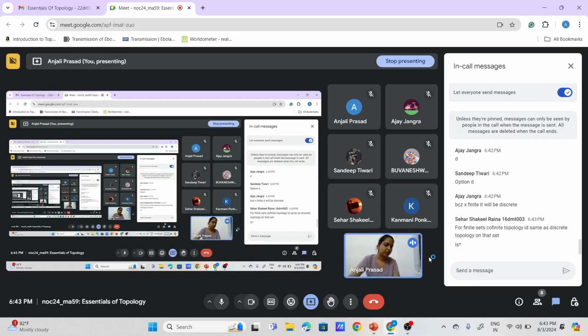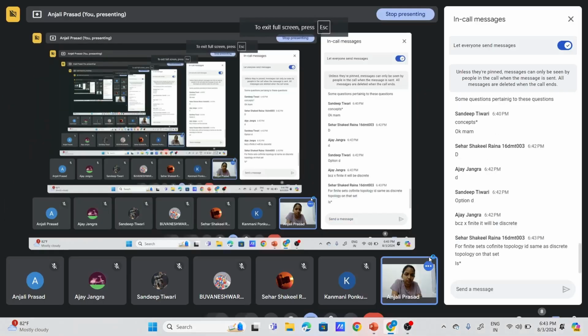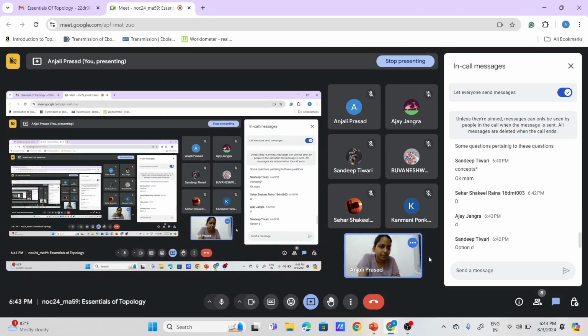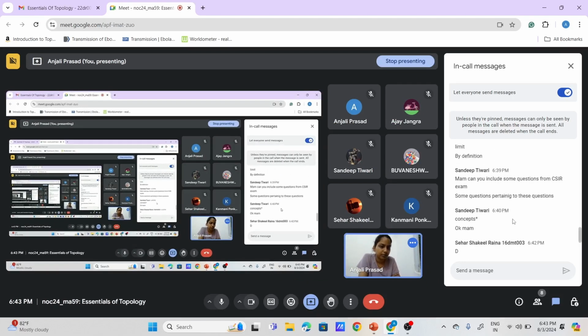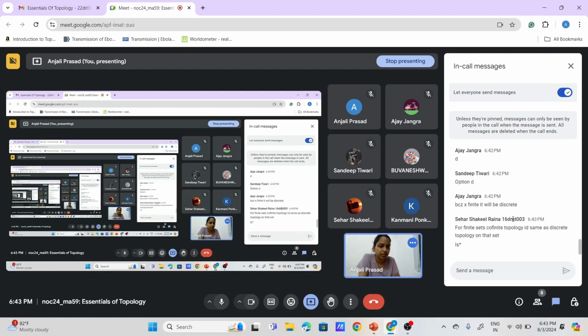You're saying for finite sets, cofinite topology. You wrote something? Okay. Option D, you're saying because X is finite, it will be discrete. Okay. For finite sets, the cofinite topology is the same as the discrete topology on the set.